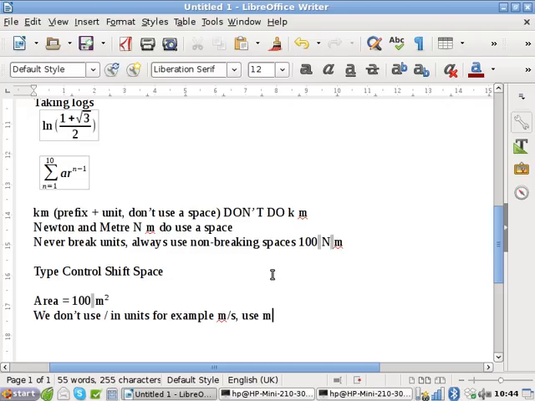Now, do I have a space or no space now? No space, because meter and seconds are two different units. It's only no space when it's a prefix, like kilo or centi or milli. But if they're two different units, like meters and seconds, we need a space. So M, Control Shift space, and then S, and then no space yet.